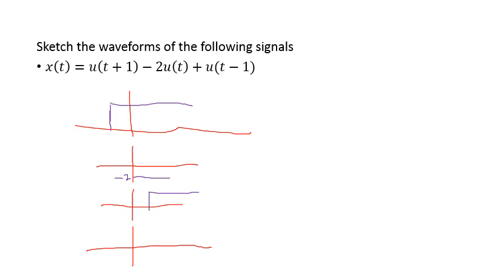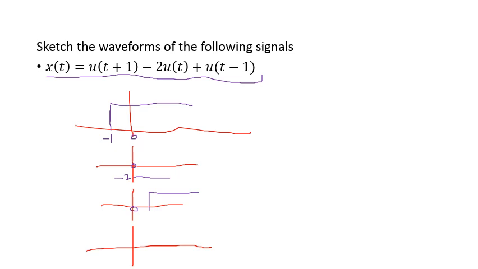The resulting signal x of t is the summation of these. So if I sum this, I will get x of t. And how do I get x of t? You see from here, from -1 up to 0, this signal is 1, this is 0, this is 0.